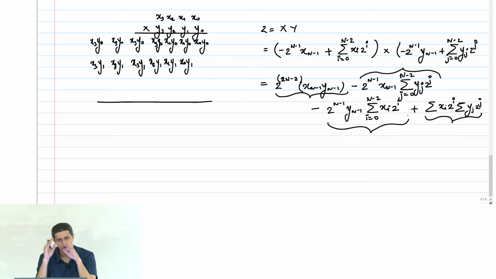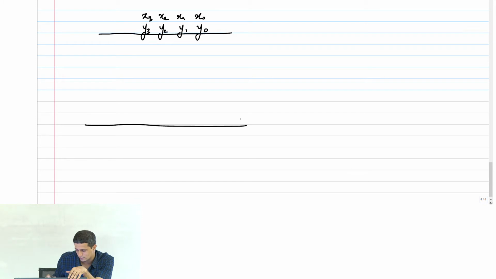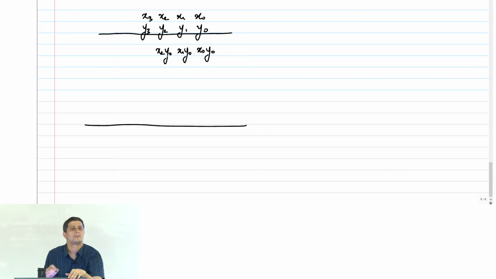So we'll do exactly that in the following multiplication: x3, x2, x1, x0 and y3, y2, y1, y0. I will write x0y0, x1y0, x2y0. Positive numbers, no problem.